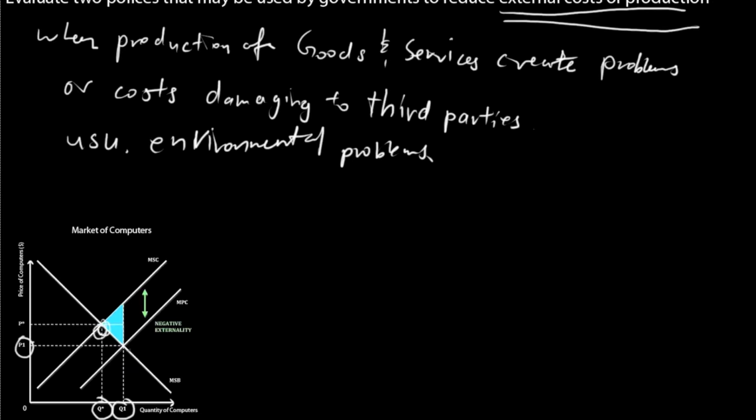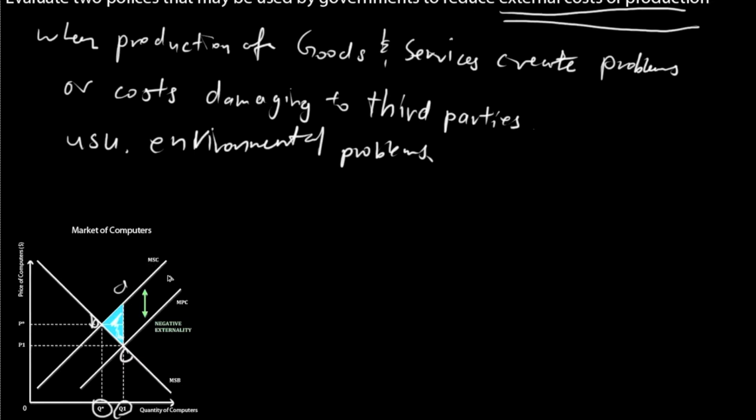Thus, there is a misallocation of resources, where too much of the product is being produced at too low a price, and there is a welfare loss to the society, shown by triangle ABC of extra units between Q1 and Q star, because the marginal social cost is greater than the marginal social benefit for those units.